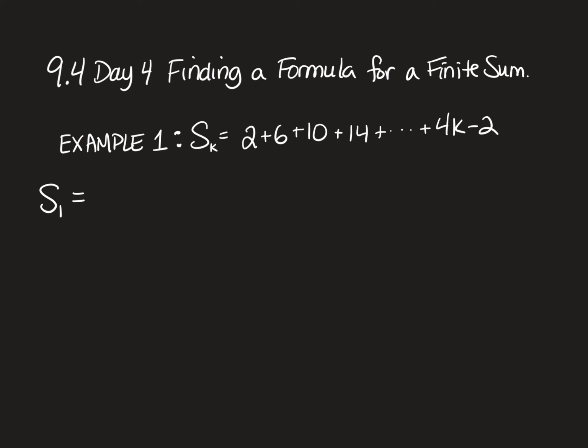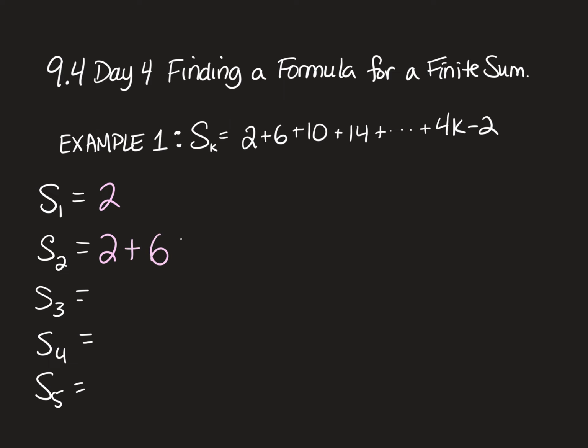Okay, so let's start out with the sum of the first term, which is just going to be 2. I'm going to list out 5 of these: S sub 1, S sub 2, S sub 3, all the way up to S sub 5. So our first one is just 2, because that's the first term in the series. The sum of the first 2 terms is going to be 2 plus 6, which is 8.